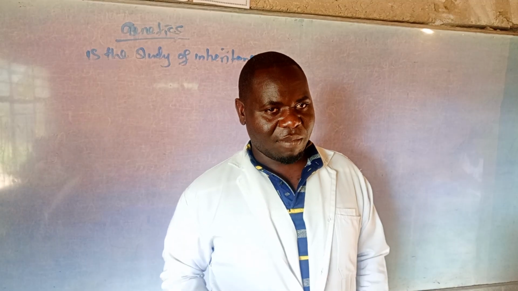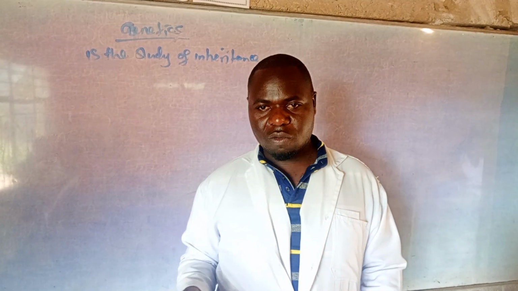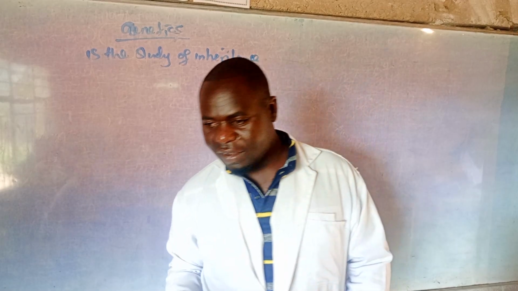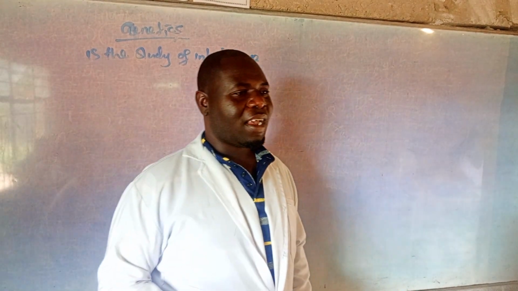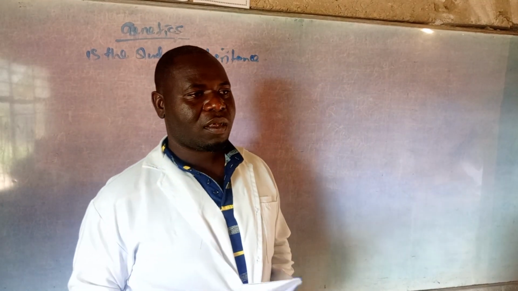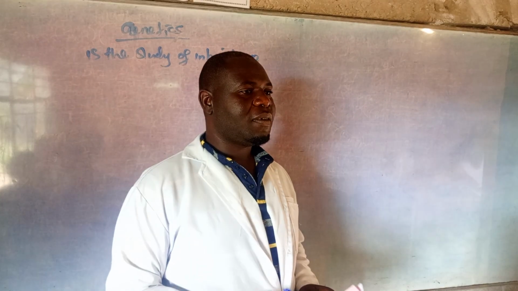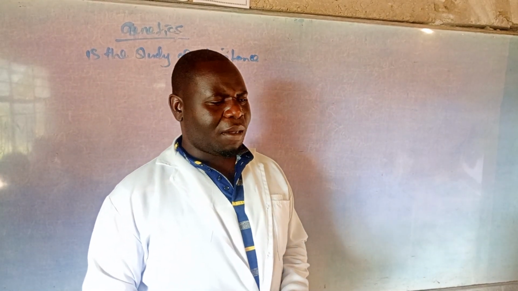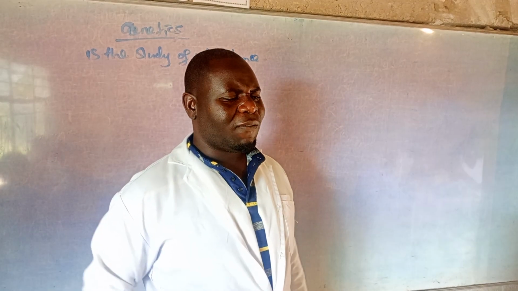Examples are some features, maybe blood group, what else? Height, what else? What other features are transferred from parents to offspring? Complexion, what else?